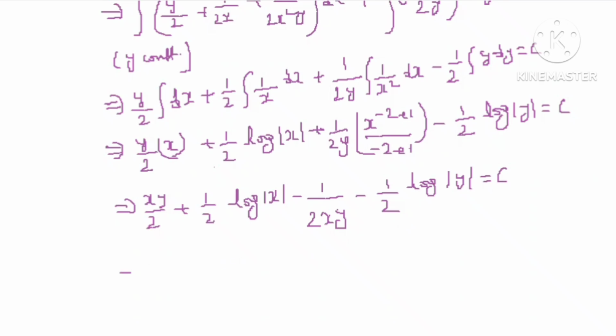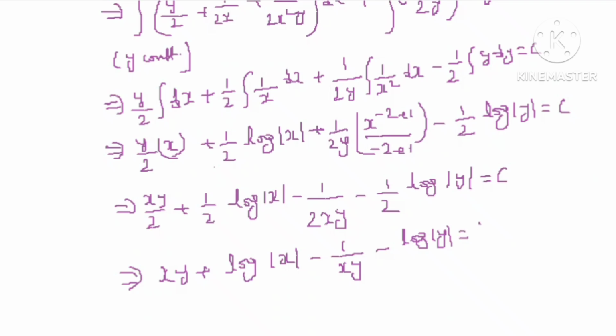So this implies we can take 2 common and take it to the other side. It will be 2c. So 2c is nothing but a constant, so we can write it as c. So this is nothing but xy plus log mod x minus 1 by xy minus log mod y is equal to c.